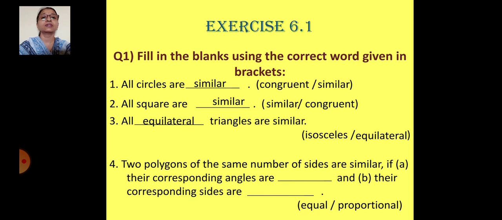And the fourth is two polygons of the same number of sides are similar if their corresponding angles are what? Equal, and their corresponding sides are proportional. Right? What is the meaning of proportional? If the ratio of corresponding sides is equal, we say they are proportional. So this is all about fill in the blanks.